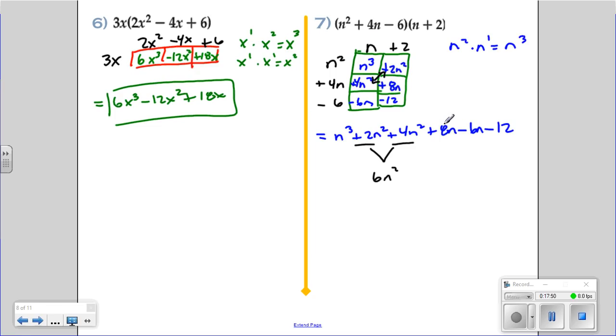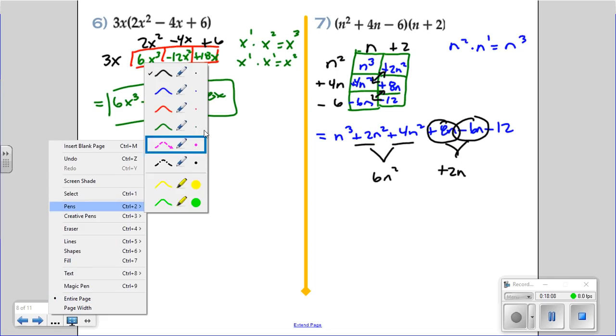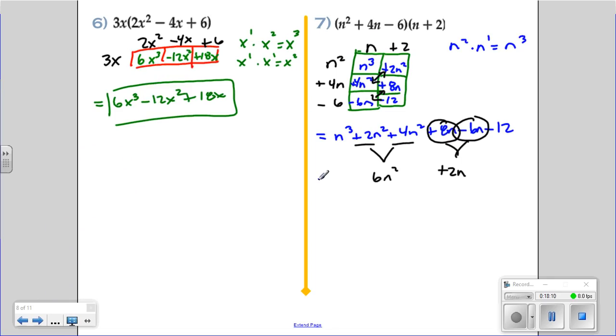Then you should also notice I have a plus 8n and a minus 6n. Those are like terms. Again, they were diagonal on the box. And they would give me a plus 2n. Since those are the only other like terms, bring everything else down.